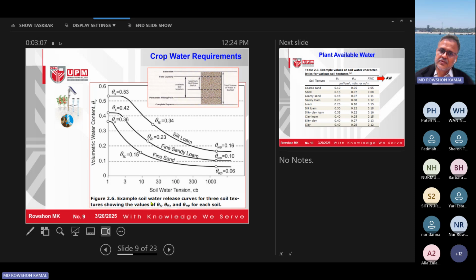This is called the soil water release graph. It shows how water is released from soil. Different soils are different systems. You can develop it using two sensors: one is moisture content, another is soil water potential.